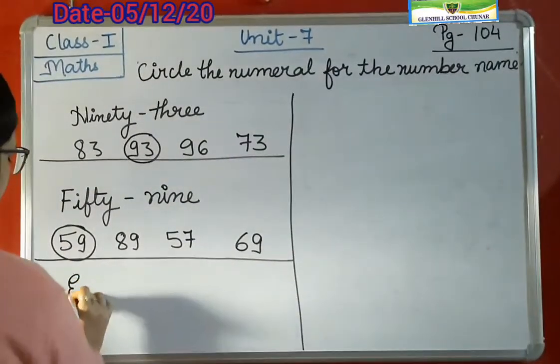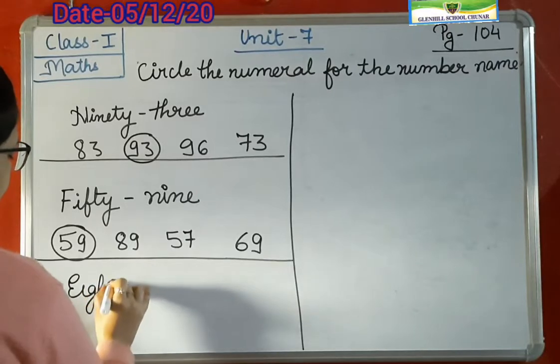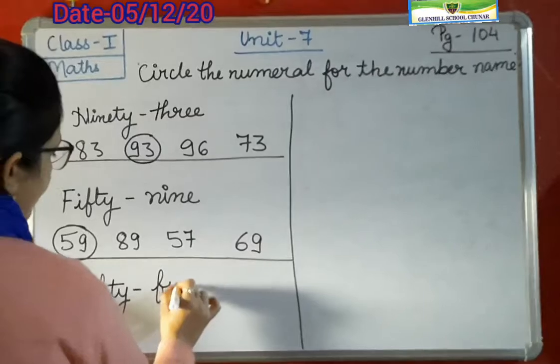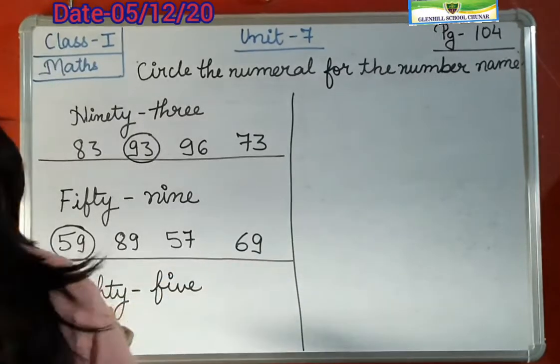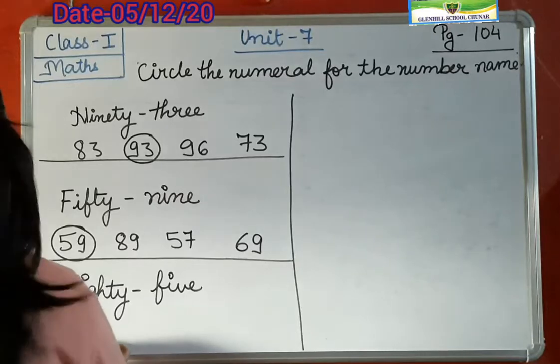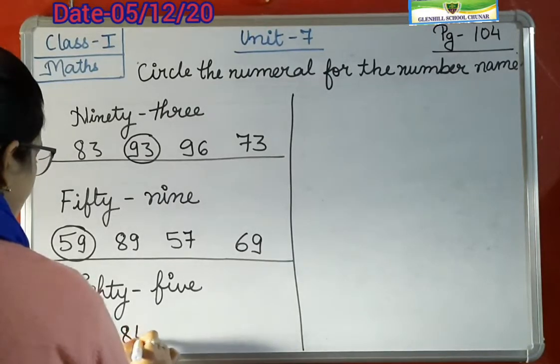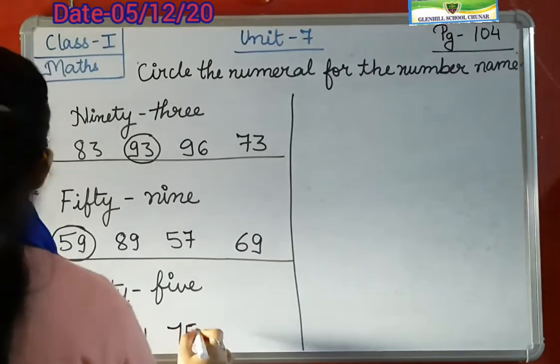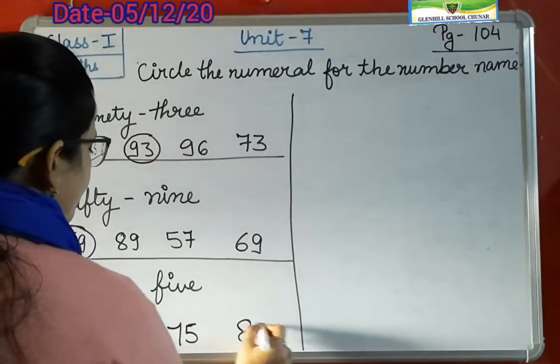Now 85. Here it is written 95, 84, 75, 85.